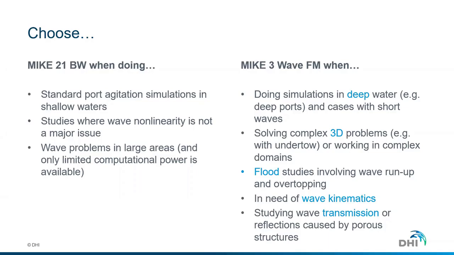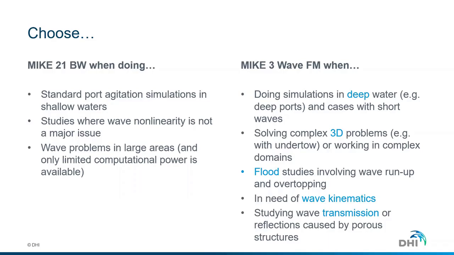Actually, also some of the cool strengths about MIKE 3 Wave FM is its capability to model overtopping. That is something that we have seen a lot of interest in, and something that we are quite proud of, that the model is able to handle these overtopping cases.